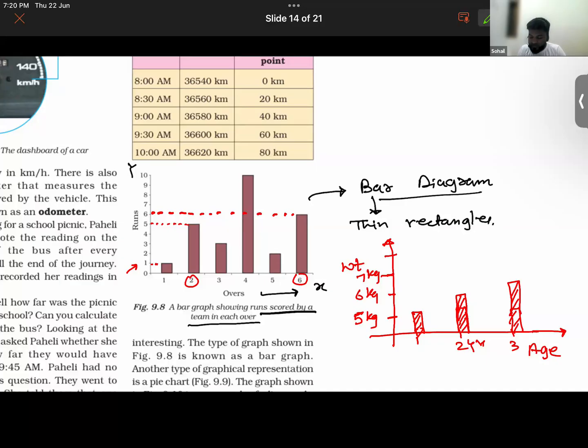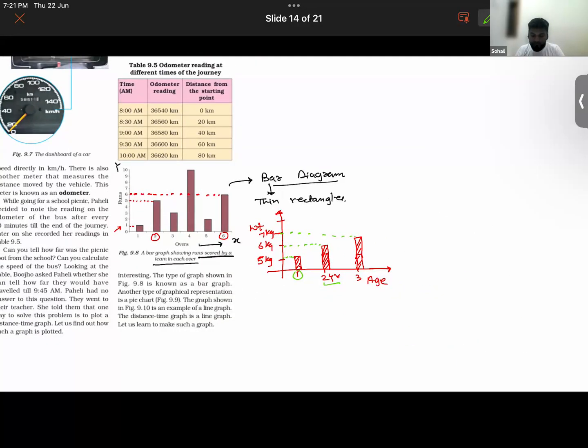So when the person was 1 year old, his weight was 5 kg. It corresponds to 5 here. Similarly, 6 kg was the person's weight when he was 2 years old, and 7 kg when the person was 3 years of age. Okay, so that is simply a bar graph, right?